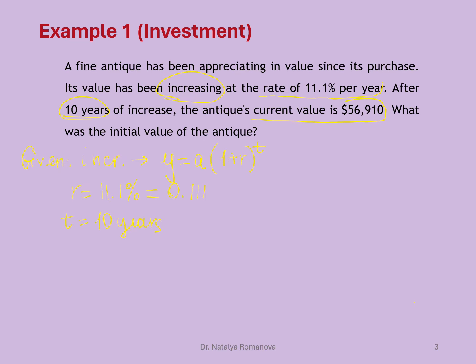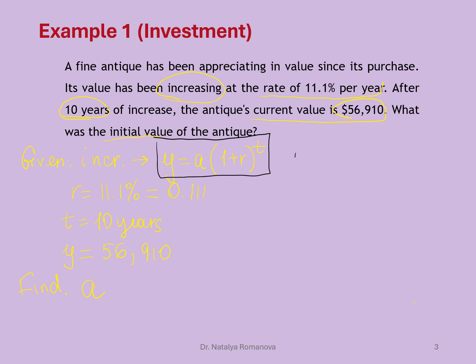Current value is 56,910. Current value is the final amount, so y equals 56,910. We need to find the initial value a. We can create the equation now using our exponential growth formula.